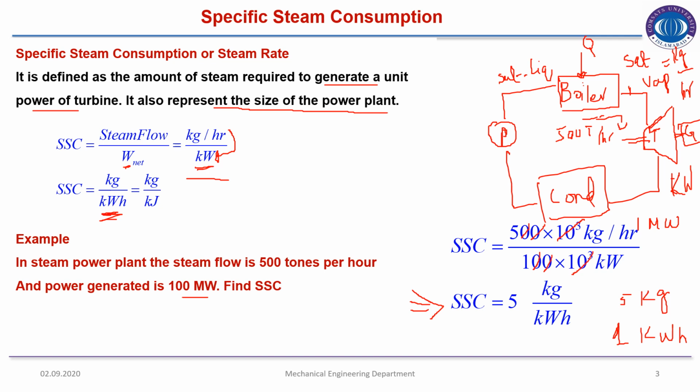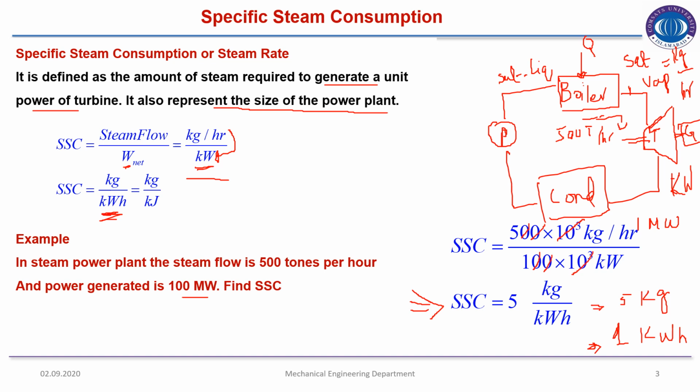Therefore, specific steam consumption is also very important, because it tells the unit power generated through the turbine or power plant, that is, how much steam must be flowing through the turbine. So it somewhat relates to the efficiency of the power plant as well.